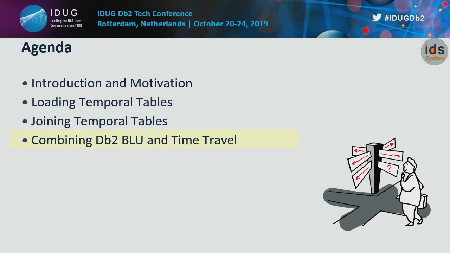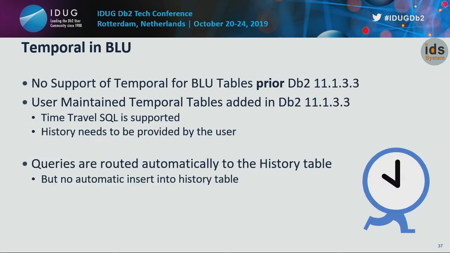So now we want to provide a BLU table for our decision support system in order to get the maximum speed out of it. And we want time travel. And there was a problem for quite a time because we did not have support for temporal and BLU until 11.1.3.3. This is when we got a certain kind of support.